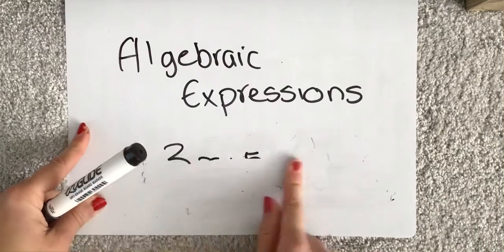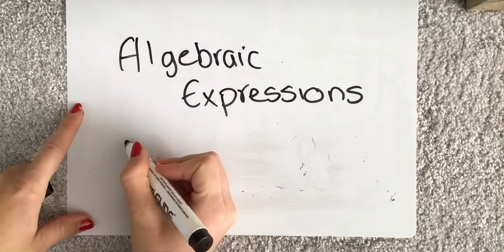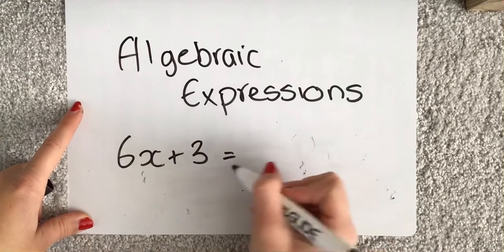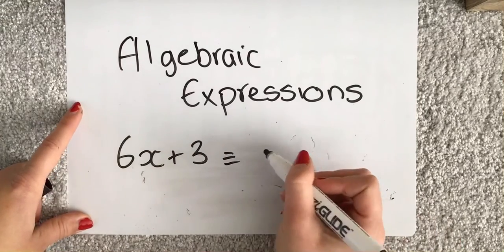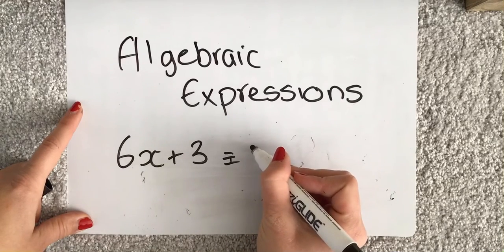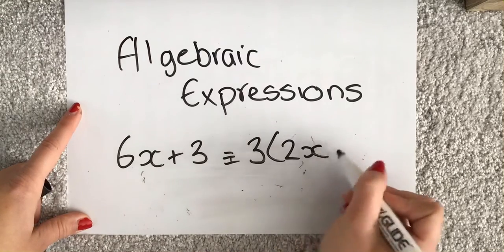We also have what we call identities, where one side is equal to the other, and they'll just be written in different ways. So something like 6x plus 3, and sometimes it's done with a little three-lined equals sign, and then you might have 3 lots of 2x plus 1.